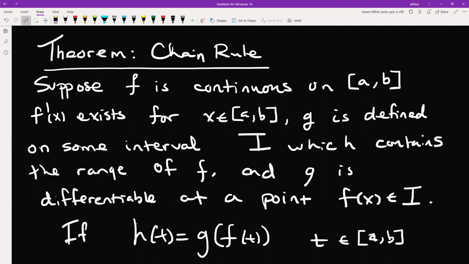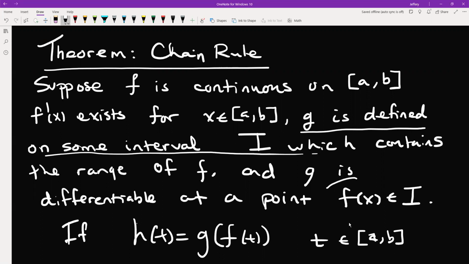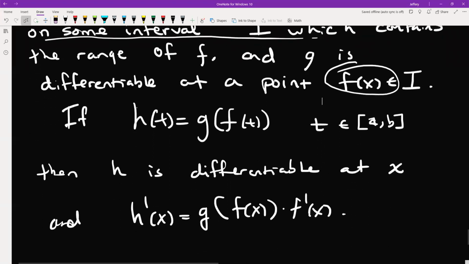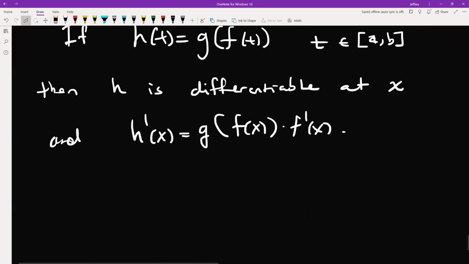So notice we didn't talk about the continuity of this function g, but we did talk about that it is differentiable at this point f of x, which means that it's continuous at that point too. Okay. So that is the chain rule. And now what I'm going to do is move on to what comes next here.